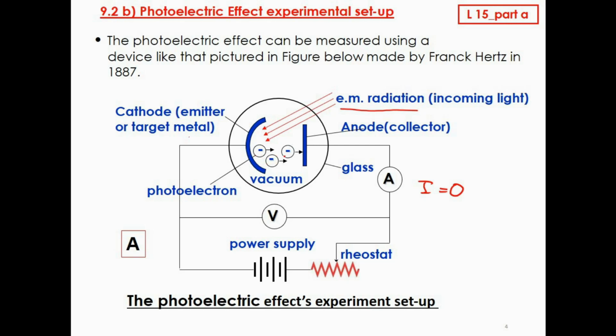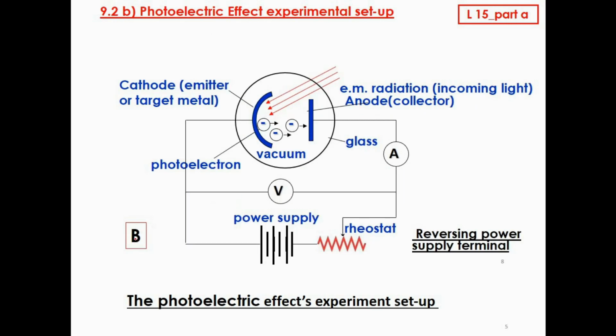All these emitted electrons are attracted to the anode, current flows, registered by this ammeter. Let's have a look at figure B. The power supply now is reversed, in which cathode is connected to the positive terminal while anode is connected to the negative terminal.